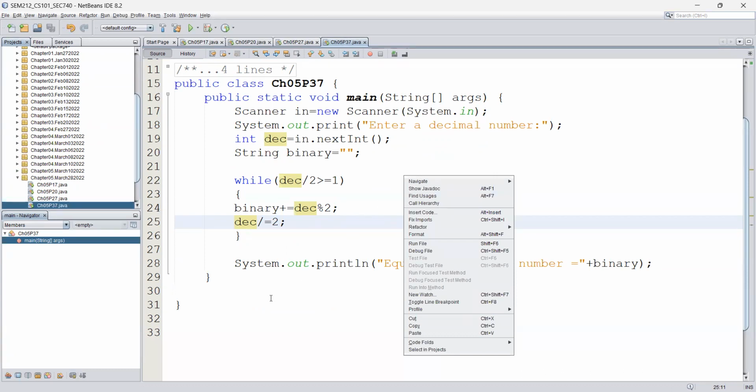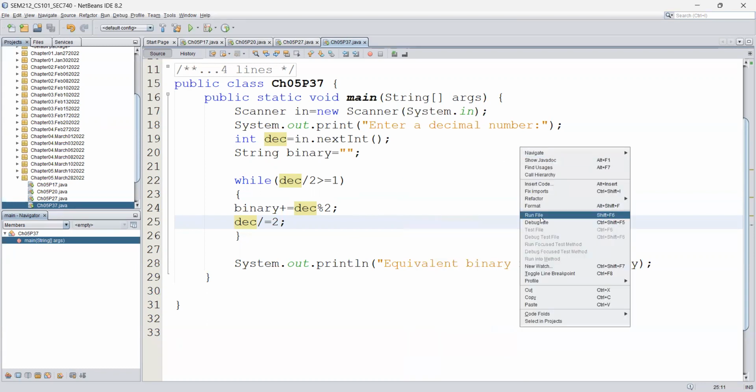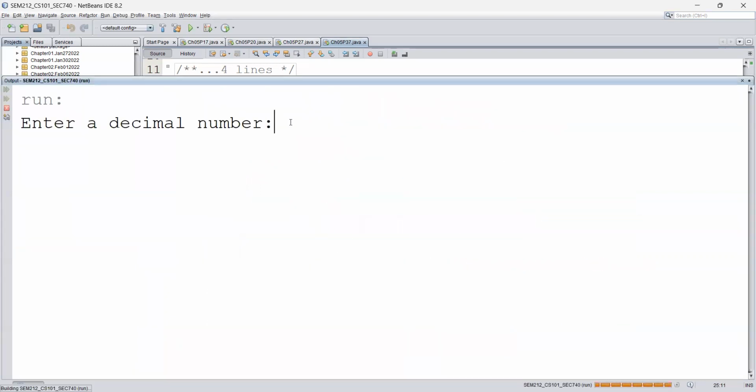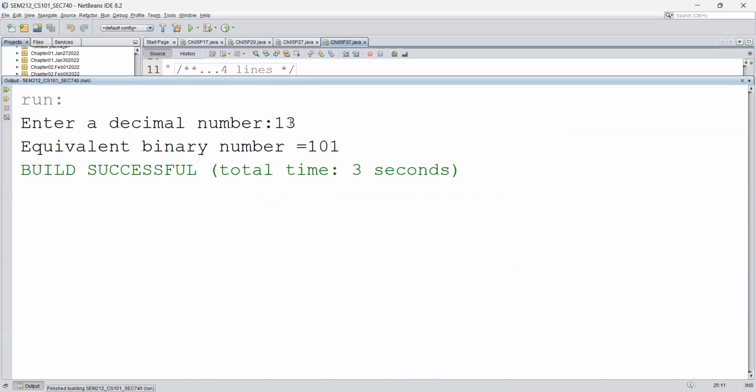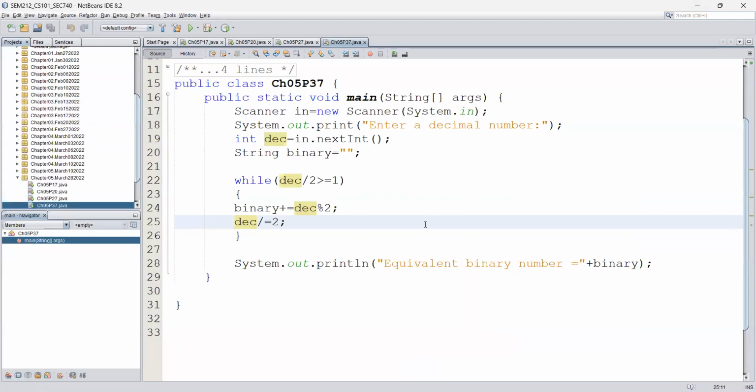Why is the last bit not coming? Again, the MSB is not coming.